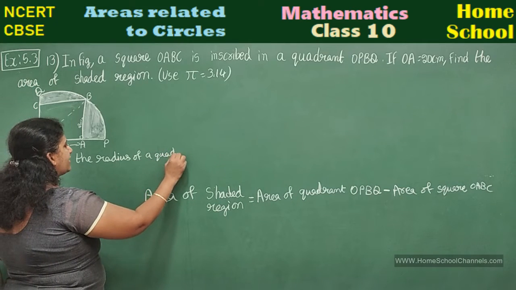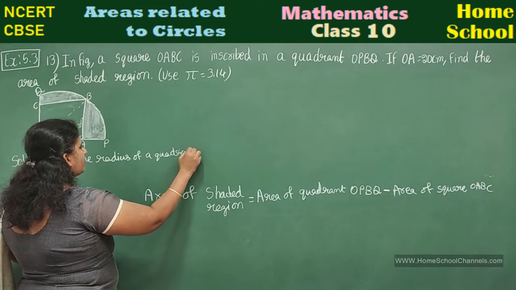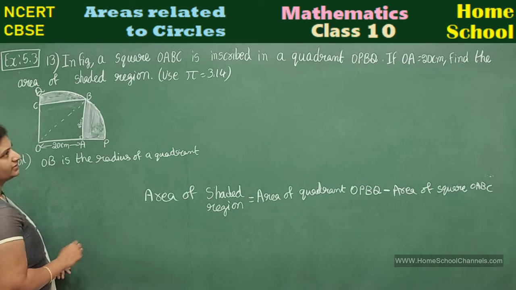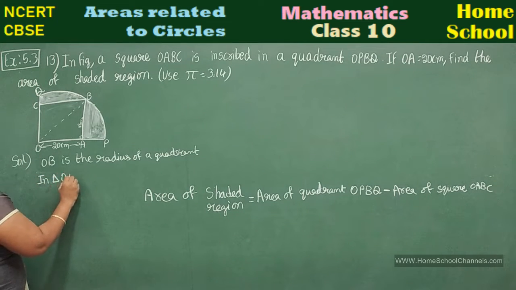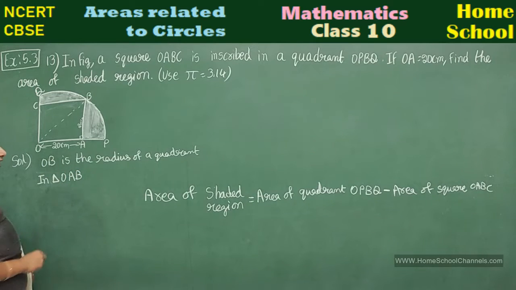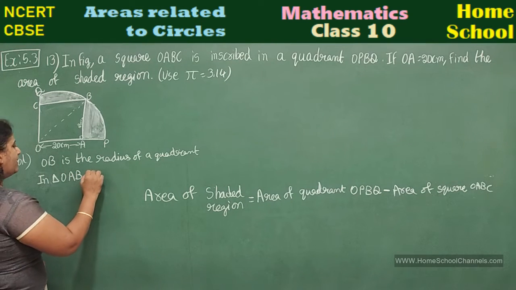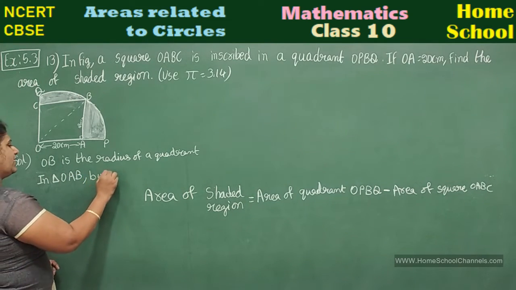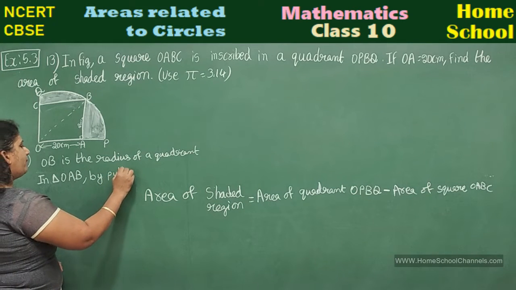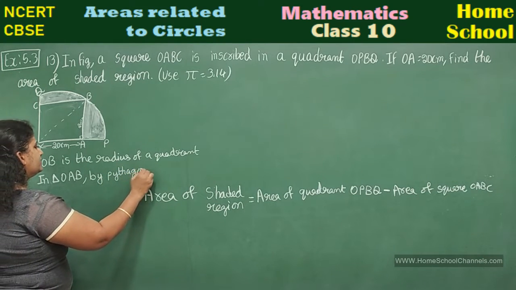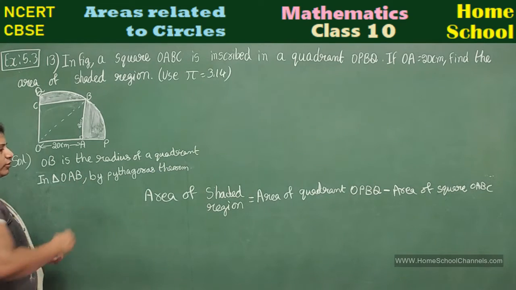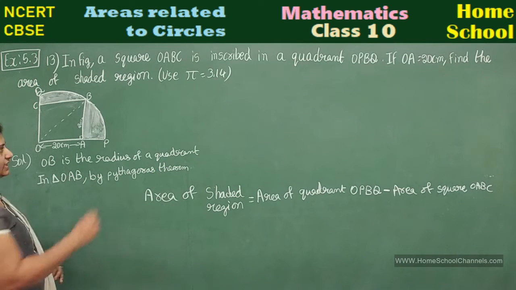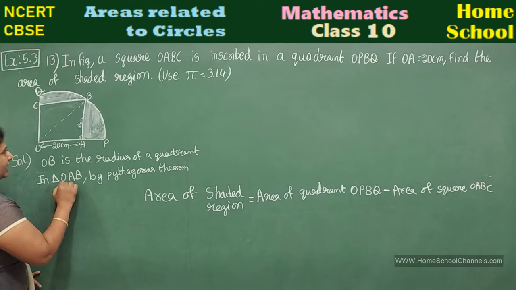OB is also a radius of the quadrant. Now, in triangle OAB, by Pythagoras theorem.